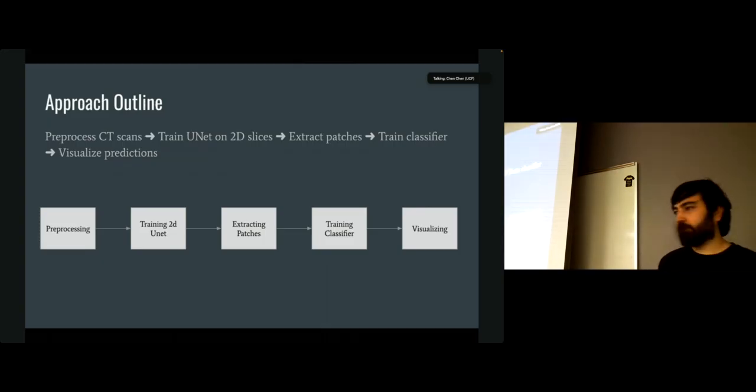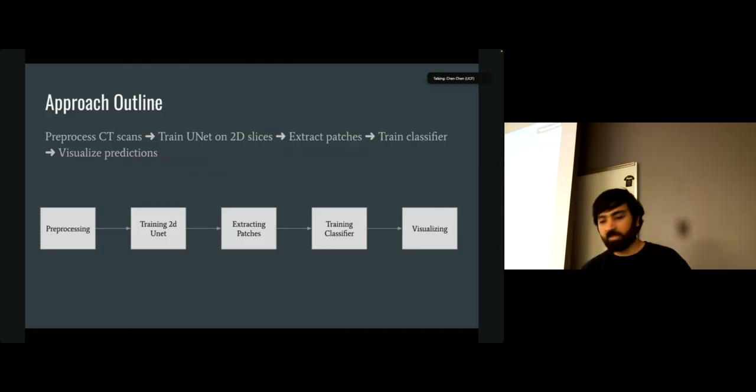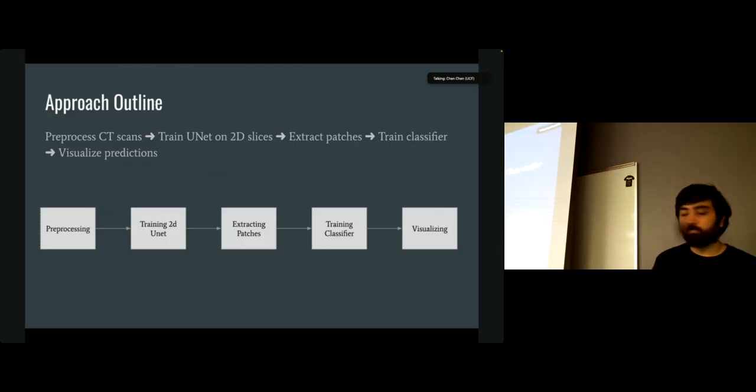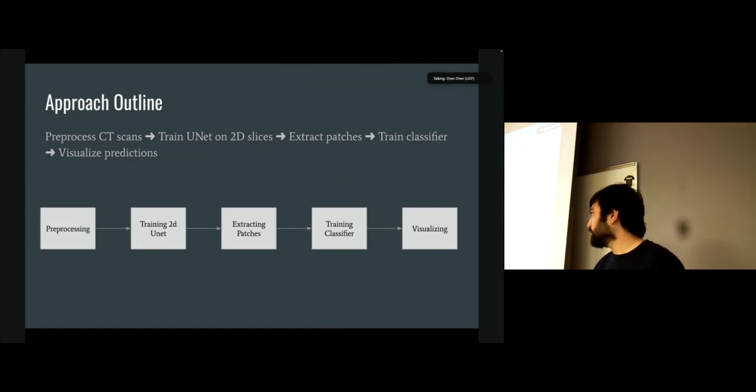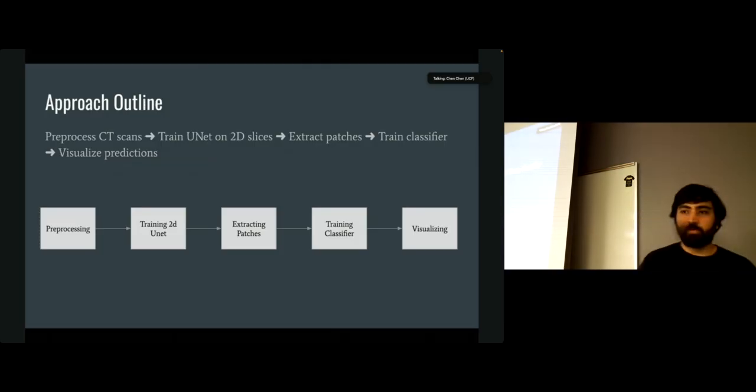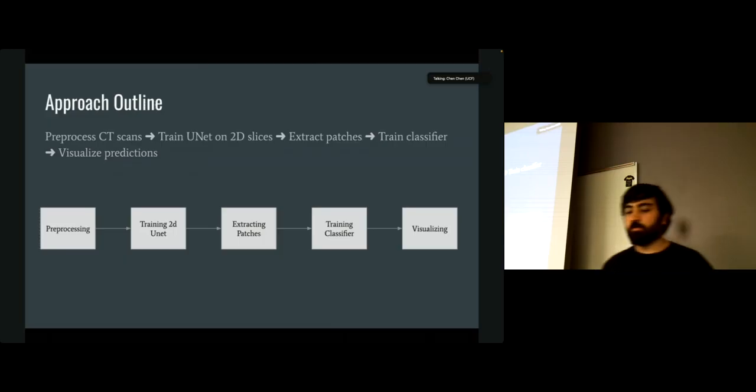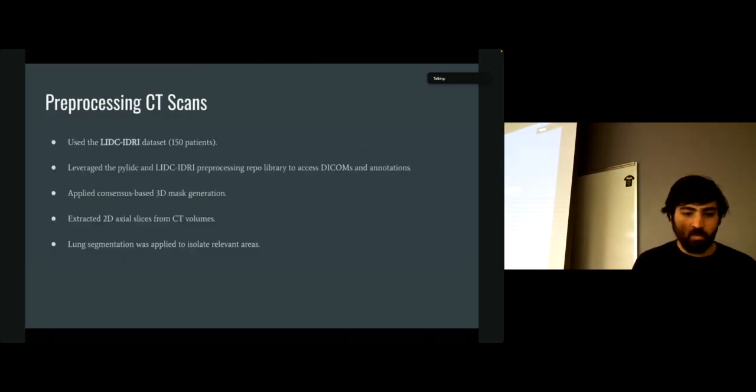After training, I extract the patches. By patches, I mean the small parts of the images where the nodule is detected. And I use that and their corresponding labels for each of the nodules to train the classifier. And then at the end of the entire pipeline, I visualize it.